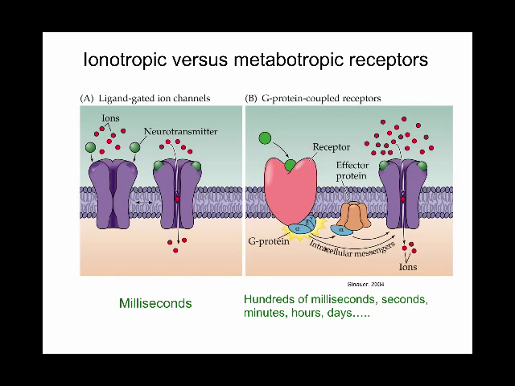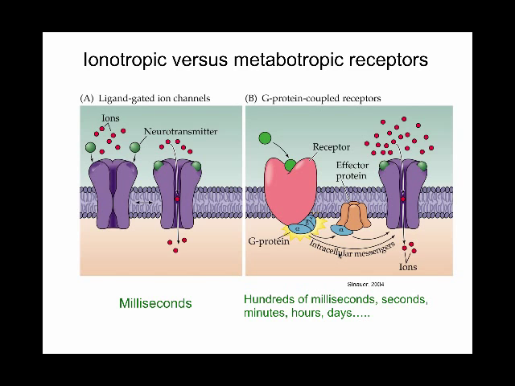It causes permeability changes in proteins that are somewhat distant from the actual receptor. Notice here that where the ligand binds to the receptor is in a different place than the channel which actually mediates the permeability change and causes the postsynaptic potential.